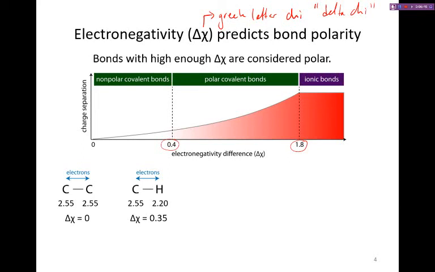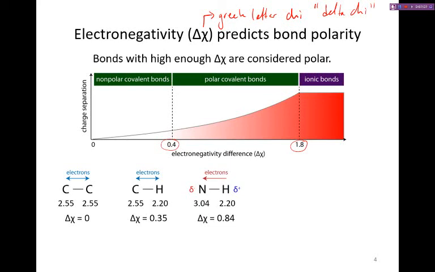And this leads to a small, inconsequential partial charge that doesn't significantly affect the properties of the molecule. We'll still classify these as nonpolar, even though they do possess a very small dipole. And you should remember that carbon-hydrogen bonds are considered nonpolar, despite there being a difference in electronegativity.